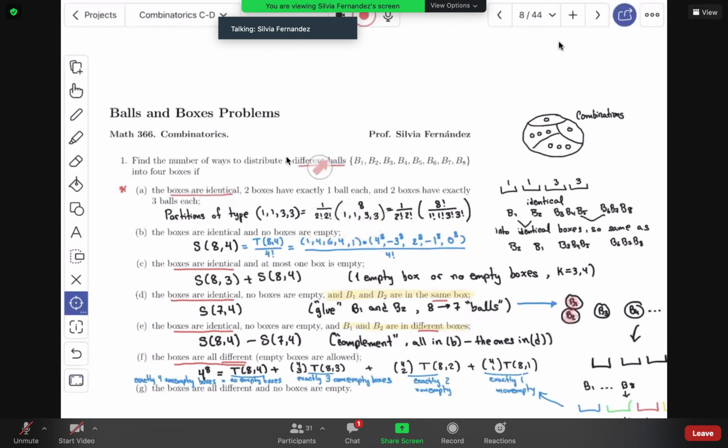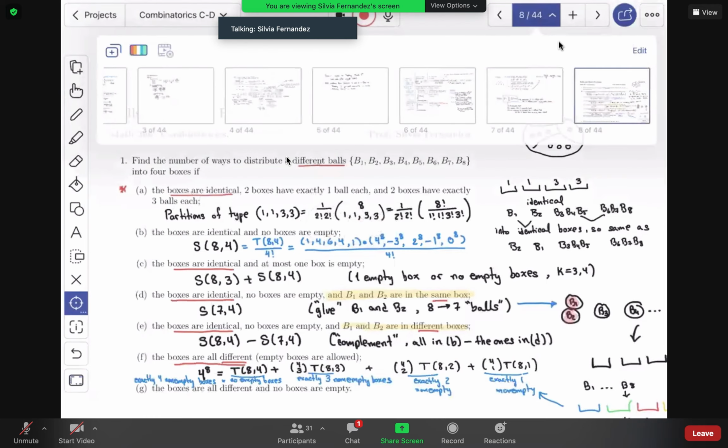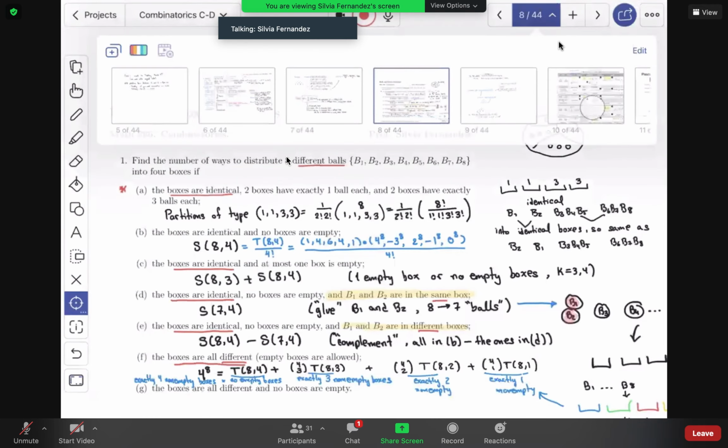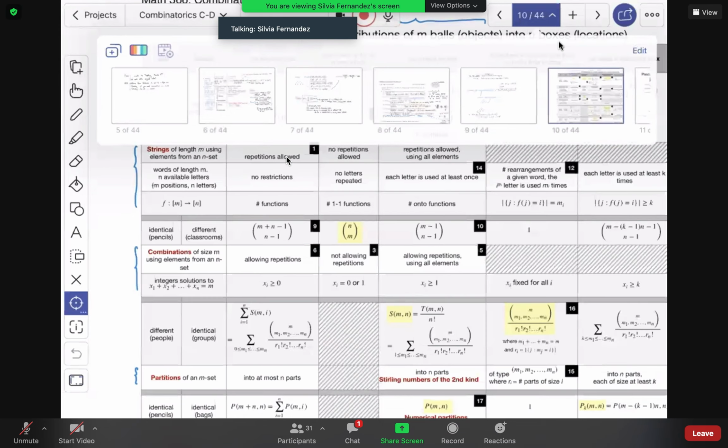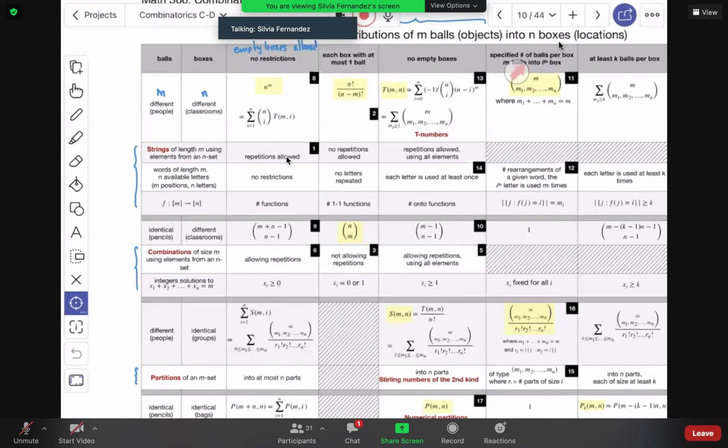Identical boxes, different balls. So let me go back to that table here. That's what this is saying. I'm specifying exactly how many balls per box. So that would be the 1133 here. And then, because my boxes are identical, I need to divide by the multiplicity. So that's what the R's are here.